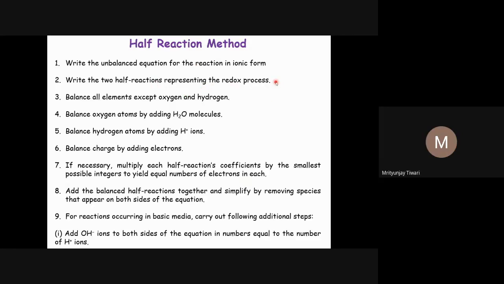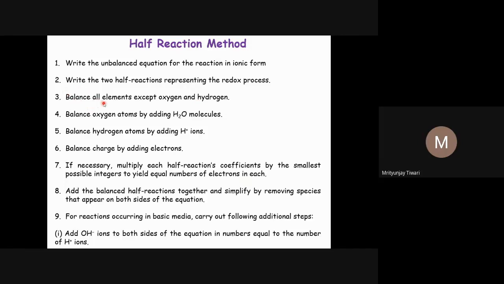You recognize which species is getting reduced to which species, and which species is getting oxidized to which species, and separate them into different equations. That is what we call the two half reactions representing the redox process.